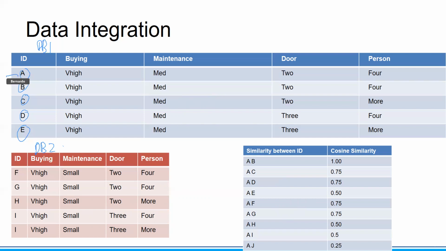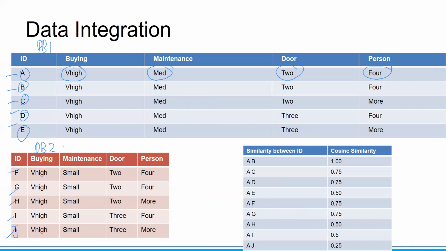You have A, B, C, D, E, and you want to combine F, G, H, I. Oh, this is J actually, sorry. And then you have the data: the buying is very high, the maintenance is medium, the doors is 2, and the persons is 4. So you want to check the similarity.